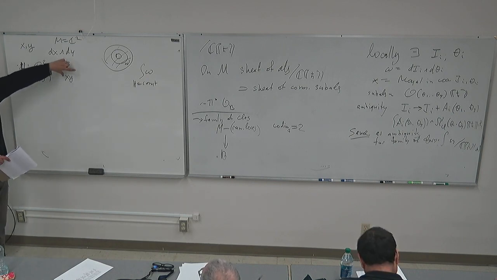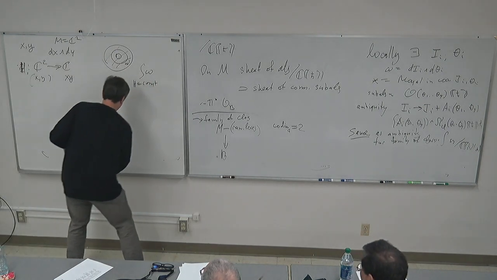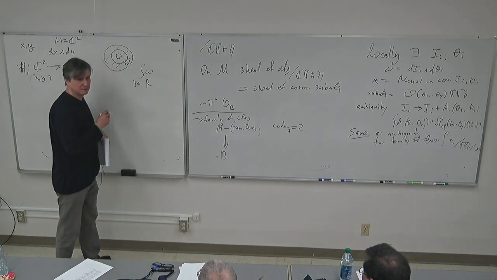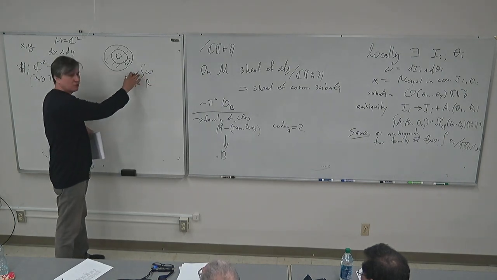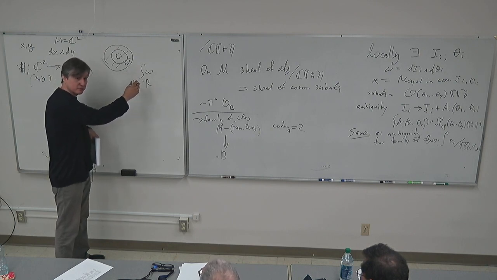I claim there's a canonical coordinate on the base. Consider the area of h less than, let's say, r. Consider a real chain whose boundary is h equal to r.